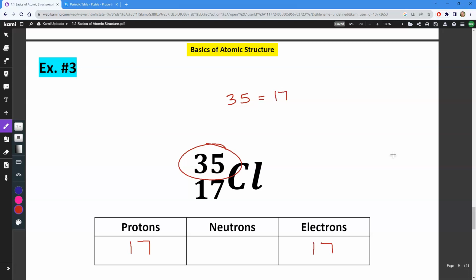We have 17 protons. We don't know the number of neutrons, so we would subtract here. So let's see here. We've got 18. Well, there you go.